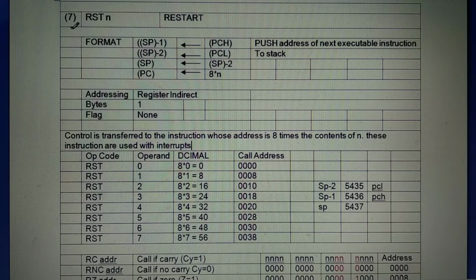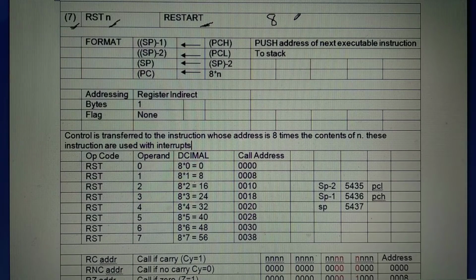Seventh instruction from the branch group is RSTM, that is restart. It is a software interrupt. We have a total of 8 software interrupts, and whenever an interrupt signal is received, the microprocessor halts the current process and gives attention to the restart, that is, to the interrupt signal.